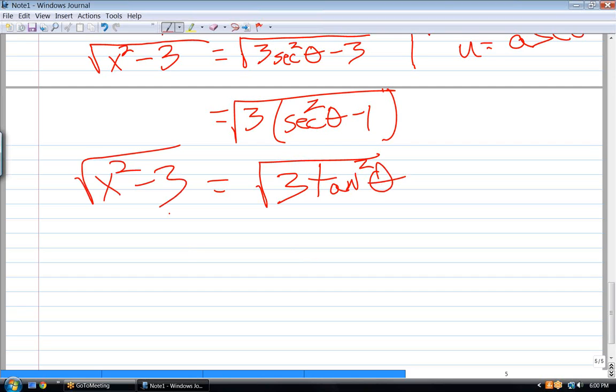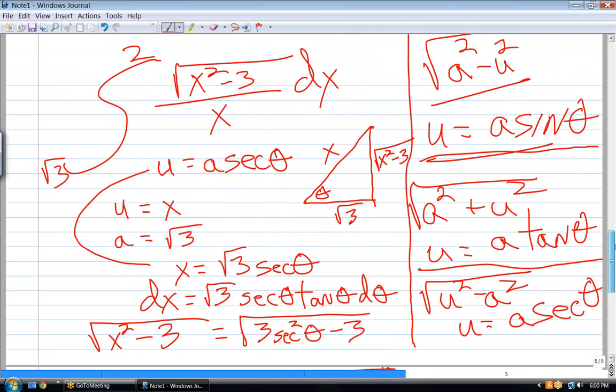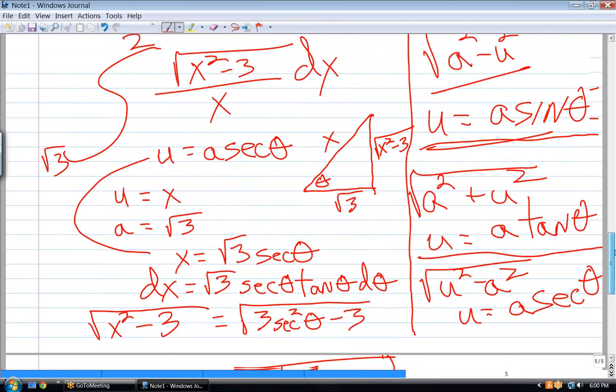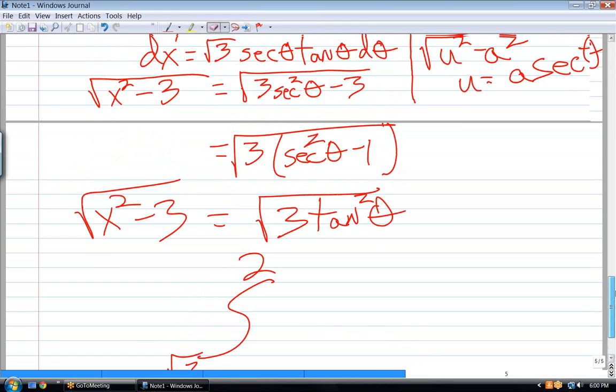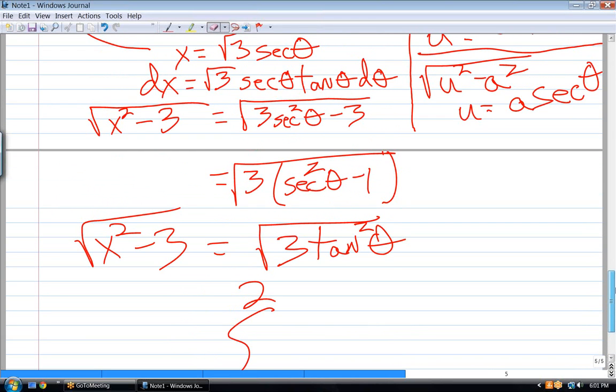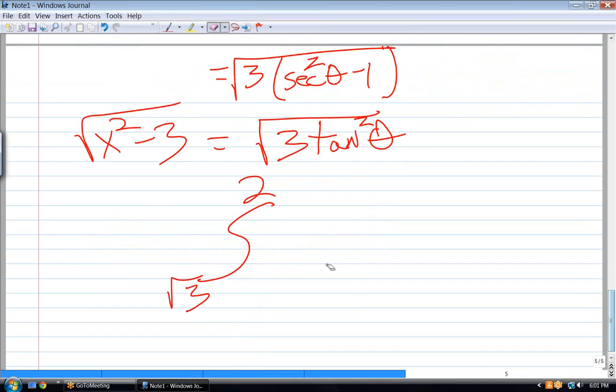So now I want to substitute everything that I know. So instead of writing it as a polynomial, I'm going to write it as a trig function from square root of 3 to 2. Dx is square root of 3 secant theta tan theta d theta.